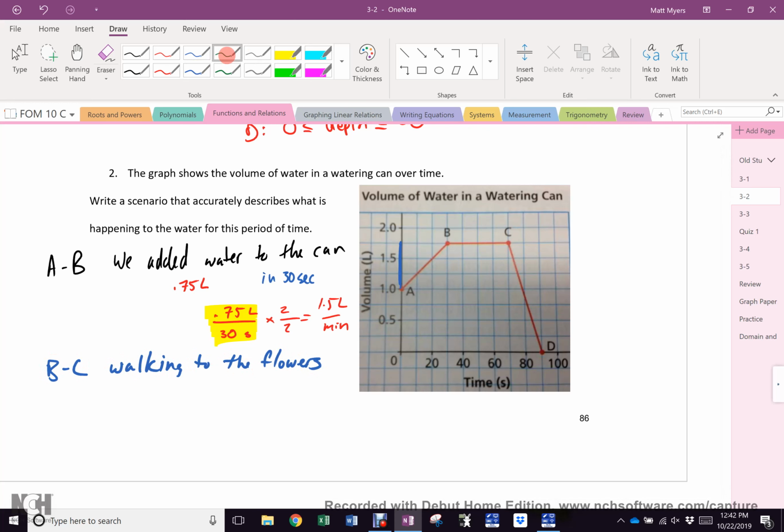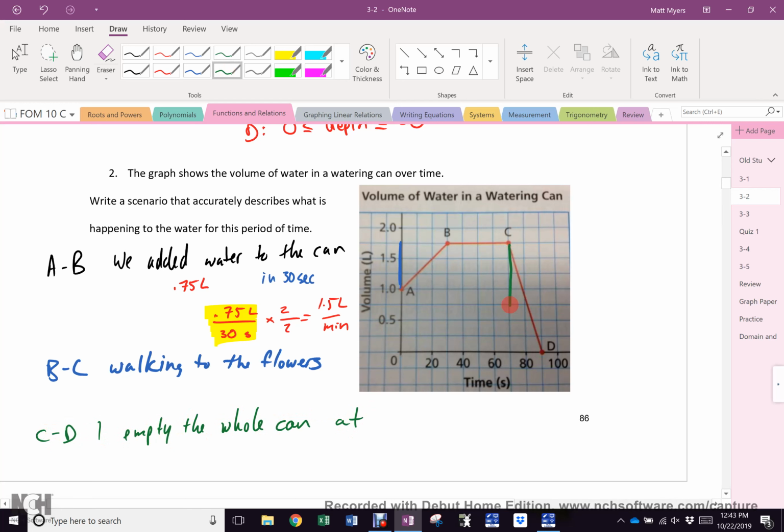What's happening from C to D? And just give me the 4-point answer. I empty the water. I empty the whole can. At what rate? How do I do that?